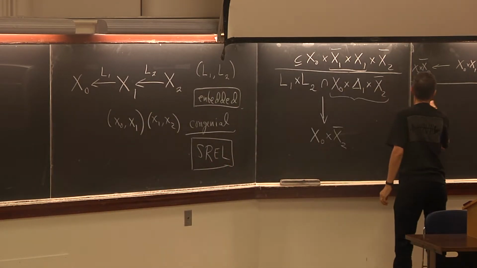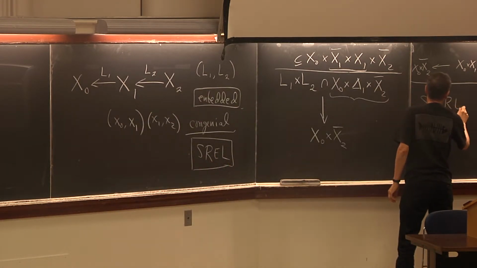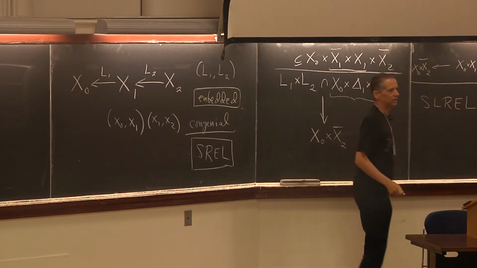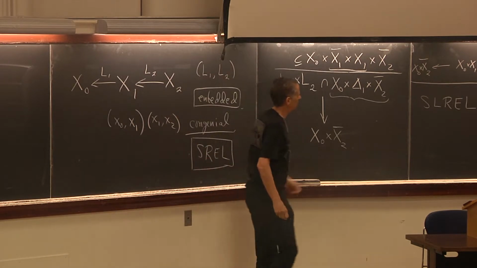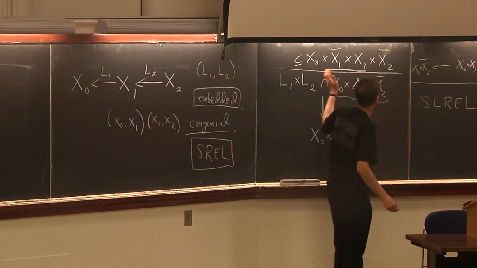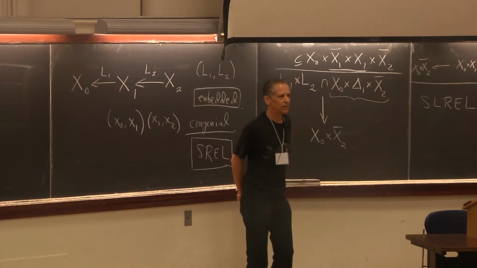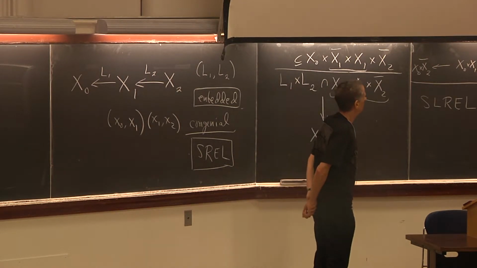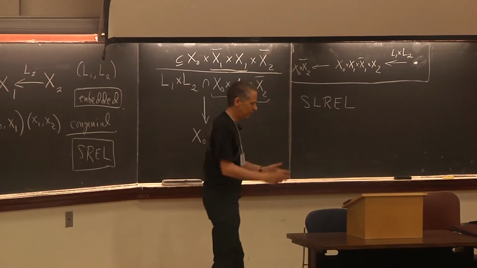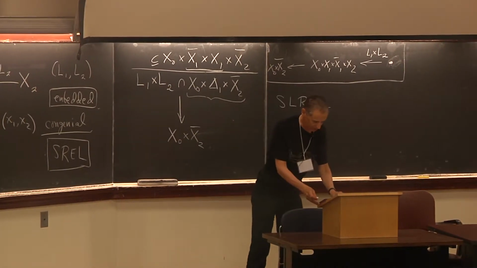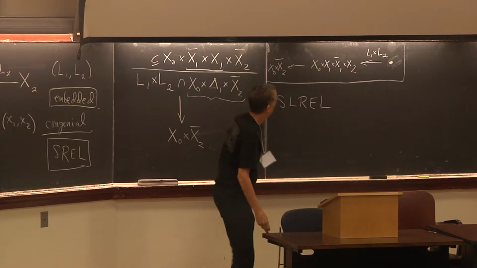It turns out to be much better, or easier, not better, because it's necessary to deal with this, to work with symplectic linear relations in which these x's are symplectic vector spaces and the l's are linear Lagrangian subspaces, so half-dimensional spaces on which the form vanishes.